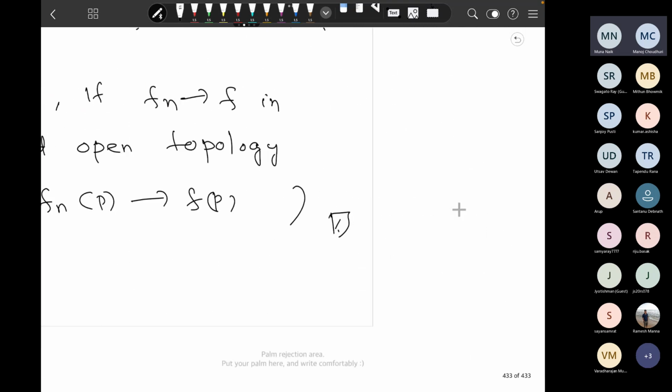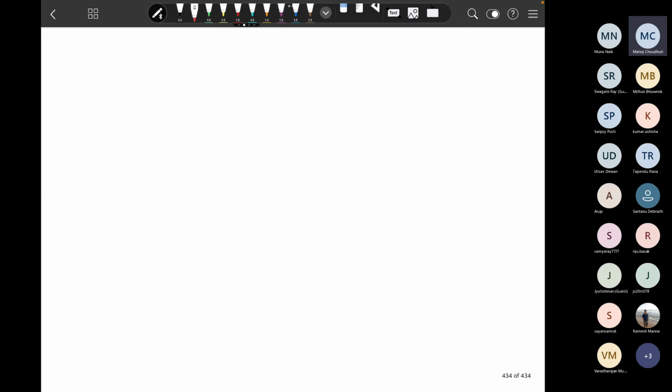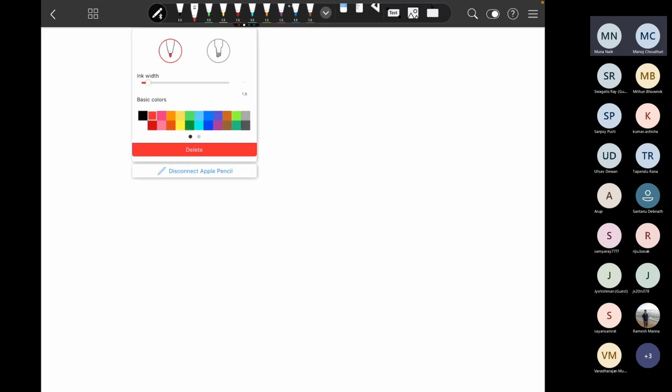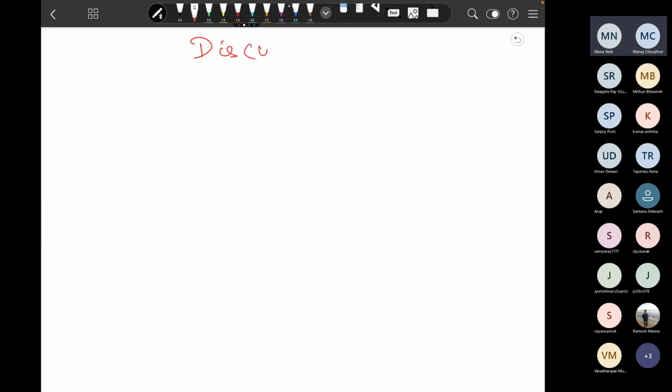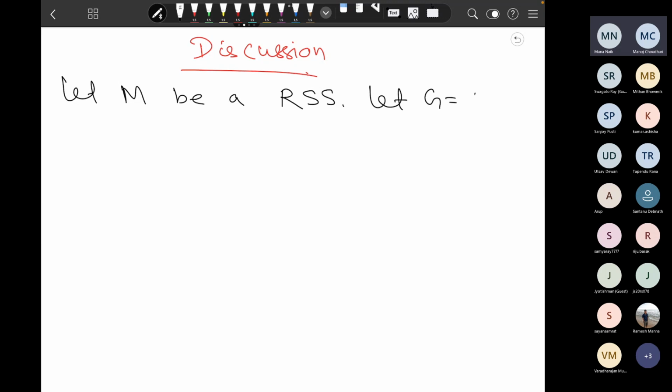Okay, so now we want an important discussion. This section is extremely important, so really pay some attention, because we are going to give the so-called Lie theoretic characterization of symmetric spaces. Let M be a Riemannian symmetric space. Let G be equal to I(M) naught, the connected component of the identity in I(M).